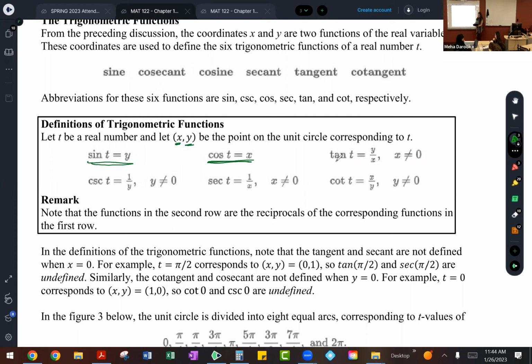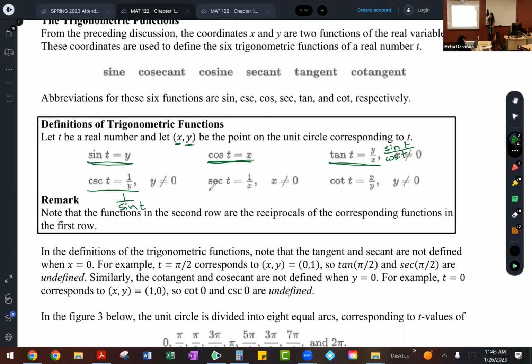Your tangent is defined as y over x, which can also be defined as sine of t over cosine of t. Because remember, y represents the sine function, x represents the cosine function. So you can actually write this as sine over cosine. Now, since these are reciprocal functions, you can write cosecant as 1 over the sine function.